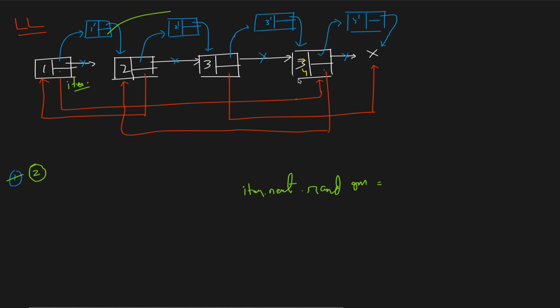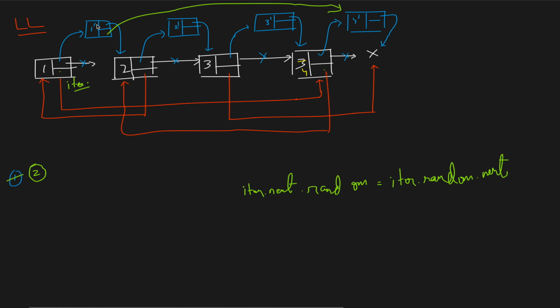So I can easily say that iter's random dot next is my deep copy of this node 4. So easily this guy goes and points to node 4. So I am successfully able to point the random pointer of our deep copy node.